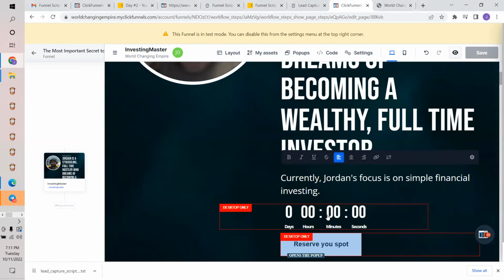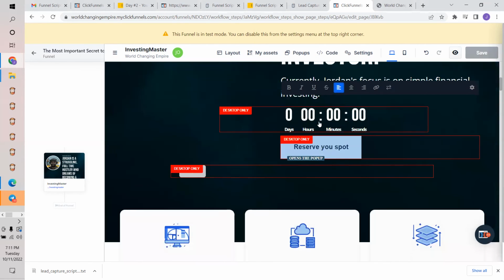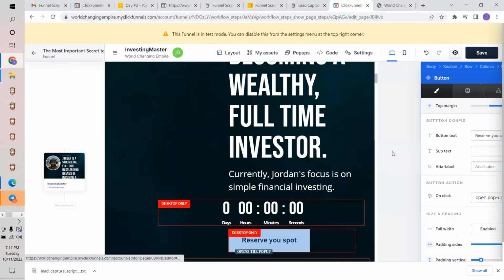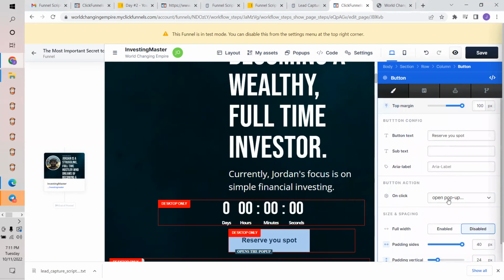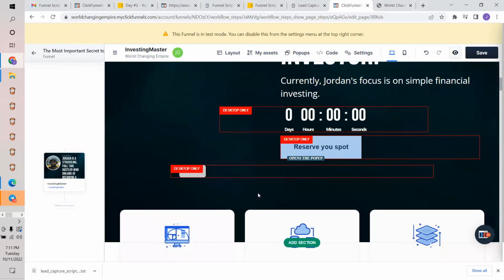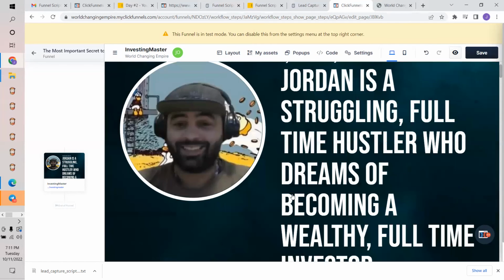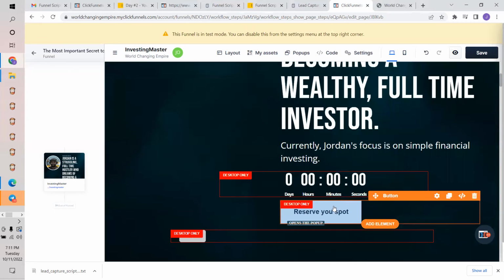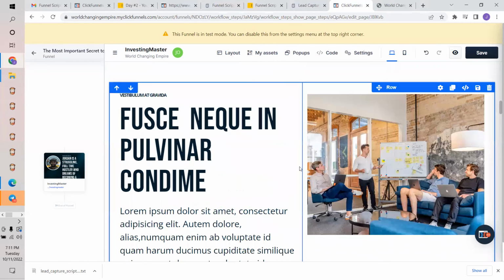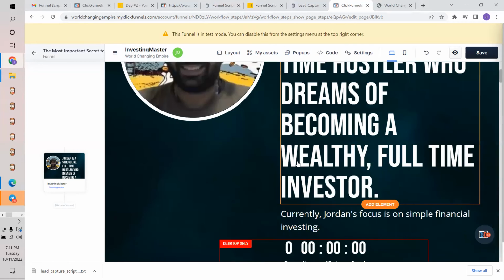Currently, Jordan's focus is on simple financial investing. Okay, so now what is the next step here?